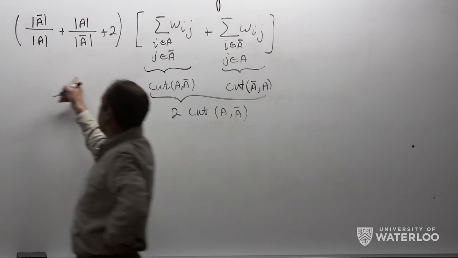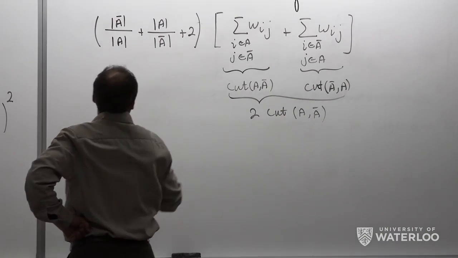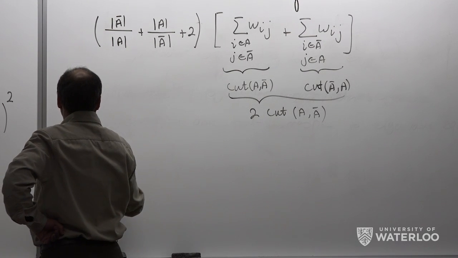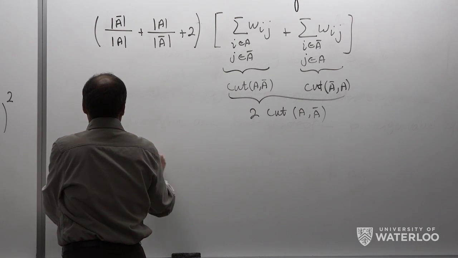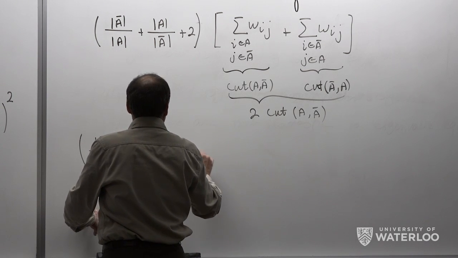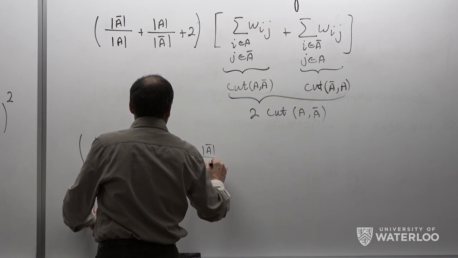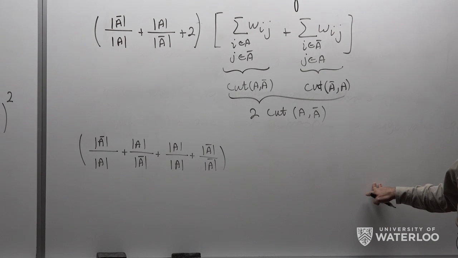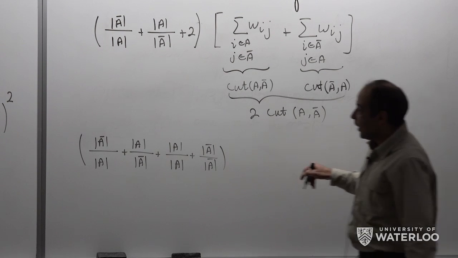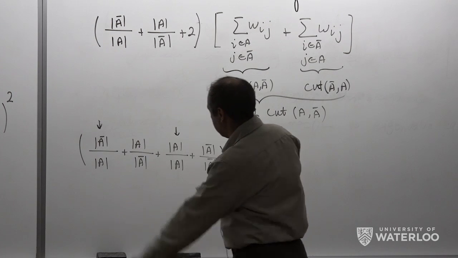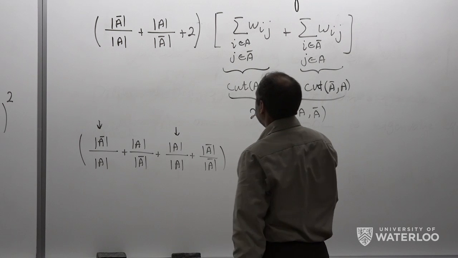So what about this first term? I have a 2 here. I can write this 2 this way: I write this 2 as A over A plus A bar over A bar. Then I add these 2 terms, which have the same denominator, and these 2 that have the same denominator.